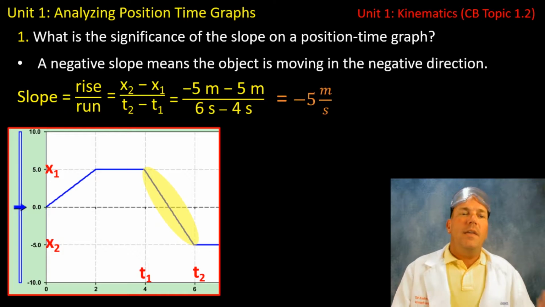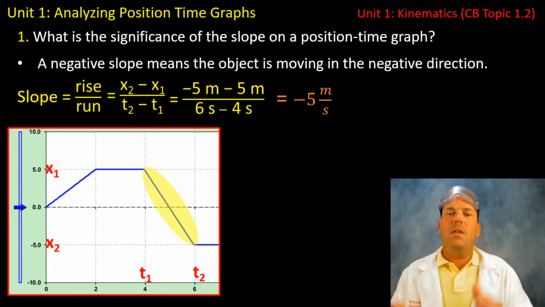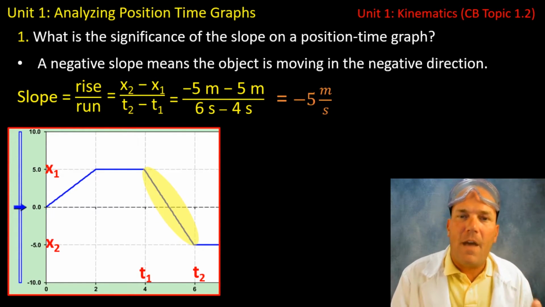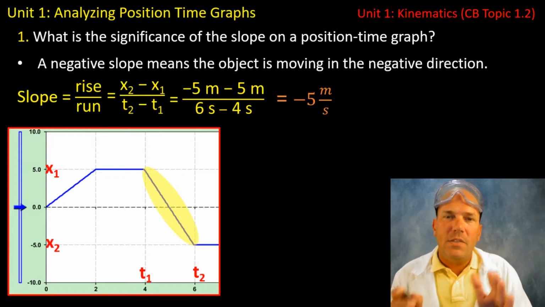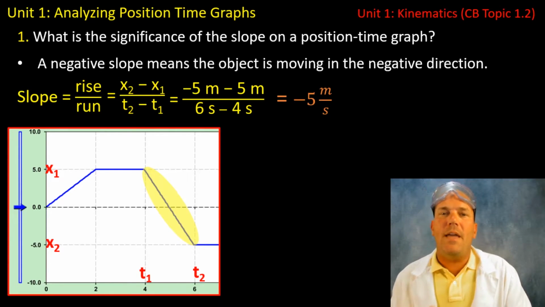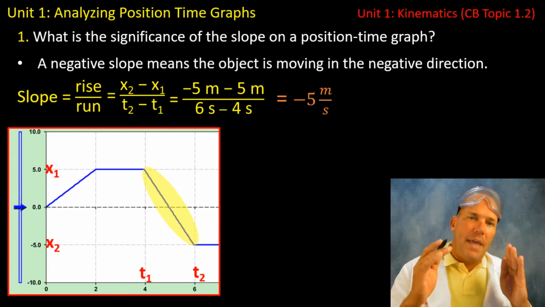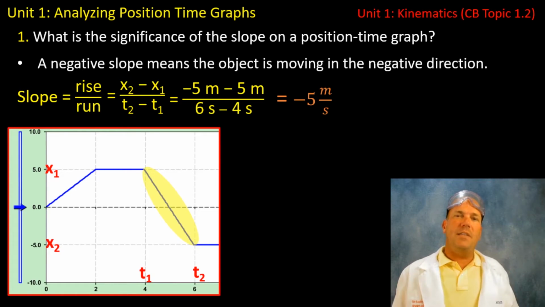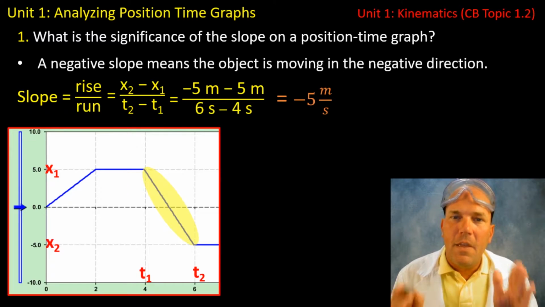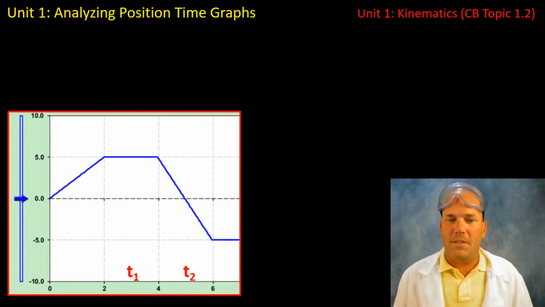And we get that the slope is equal to a negative 5 meters per second. So indeed, the moving man during this duration was moving off to the left at a constant velocity of negative 5 meters per second.